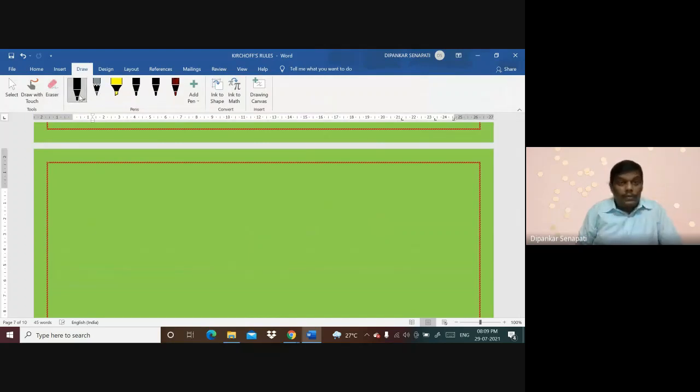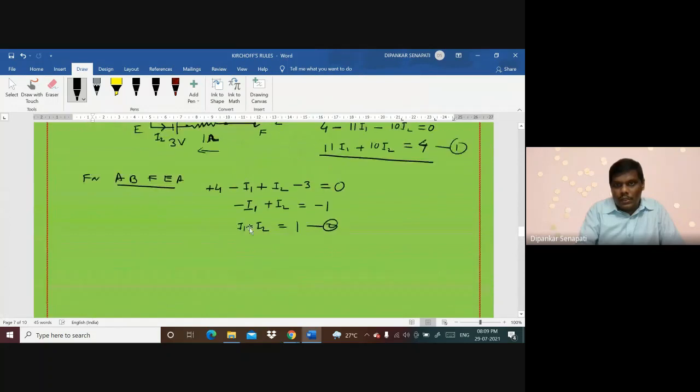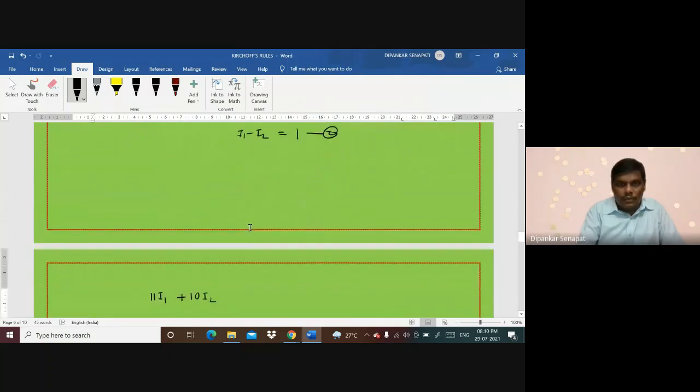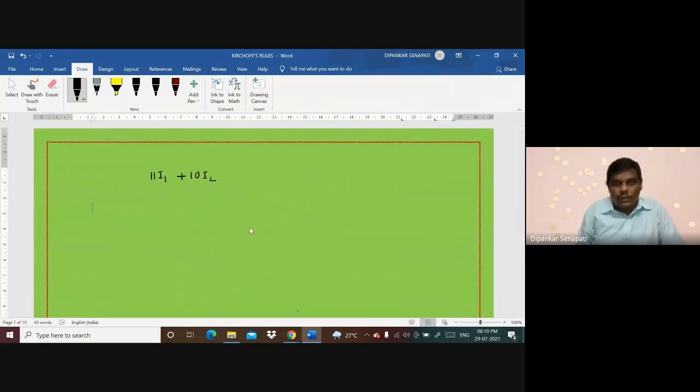How? The first equation is 11 I1 plus 10 I2 equal to 4, and the second one is I1 minus I2 equal to 1.